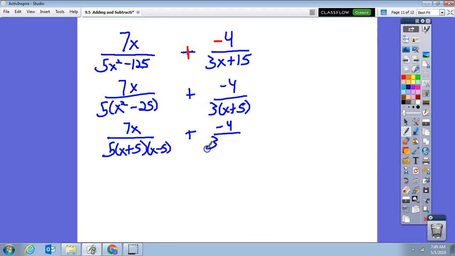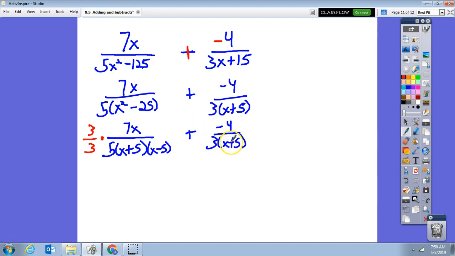So now we do exactly like we did before. We look at both denominators and we see what they have and see what they're missing compared to each other. If you look at the first one, it's got a 5, an x plus 5, and an x minus 5, but it doesn't have a 3. So we multiply by 3 on the top and the bottom.